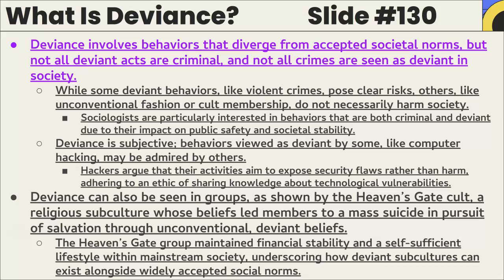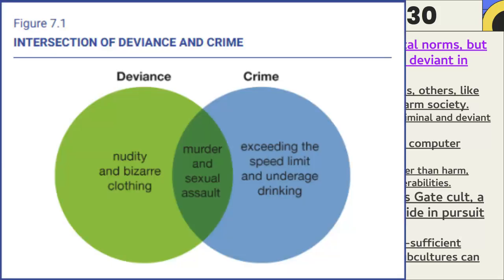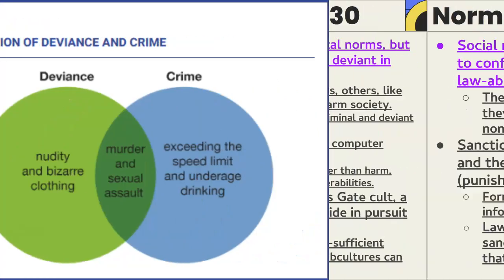This is an example of a deviant subculture where members lived in their own world but still interacted with broader society. All right? So we can look at that intersection between crime and deviance. Just a few examples there.